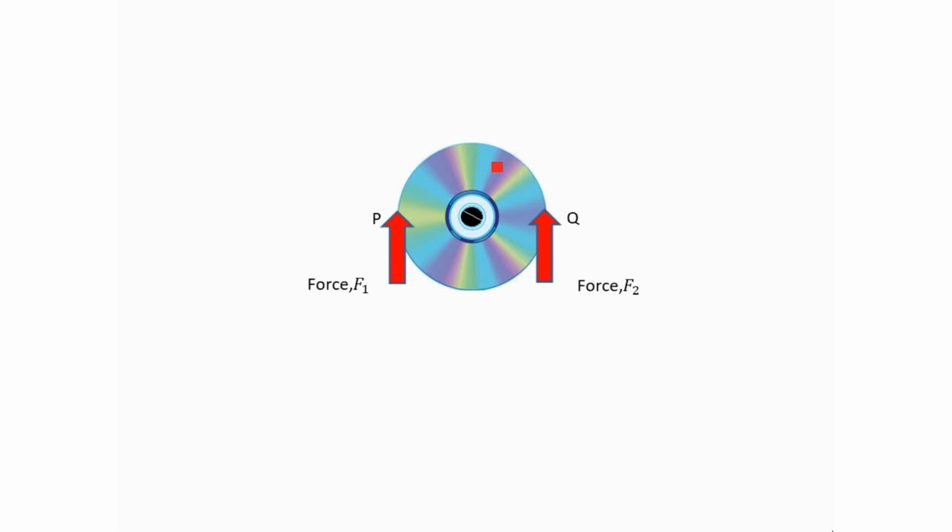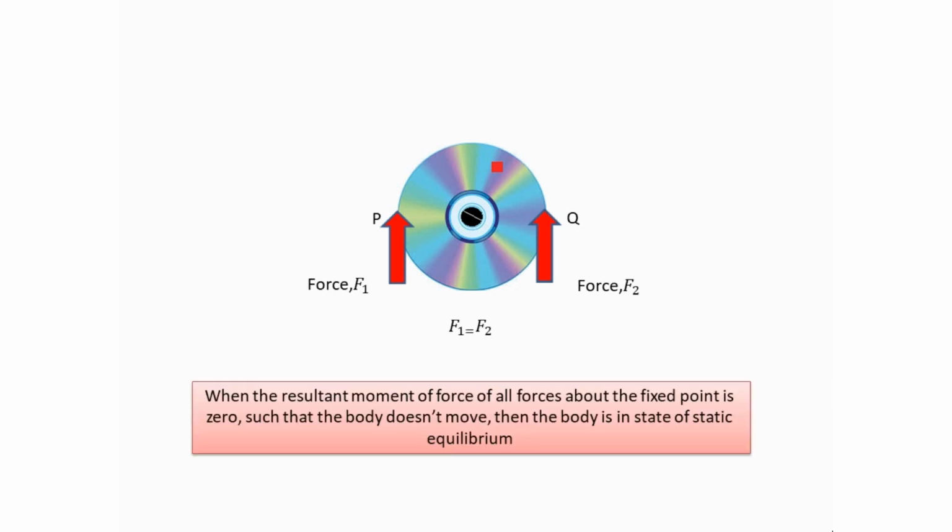Since both forces are equal in magnitude, the clockwise moment and anticlockwise moment cancel each other and the net moment of force on the disc is 0. Hence, the disc does not rotate and it is in the state of static equilibrium.